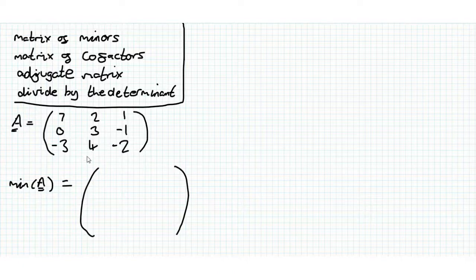So for this top left element we find the determinant of 3, minus 1, 4 and minus 2, which is 3 times minus 2 minus 4 times minus 1, which comes out as minus 2. You have to be able to do these in your head, because if you write them all down for a 3x3 matrix, it just takes forever and ever.